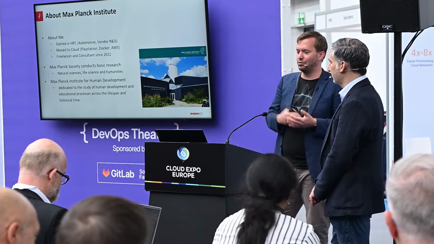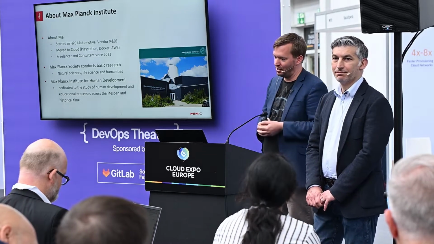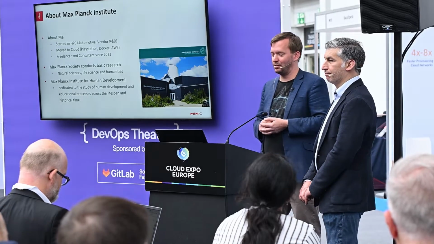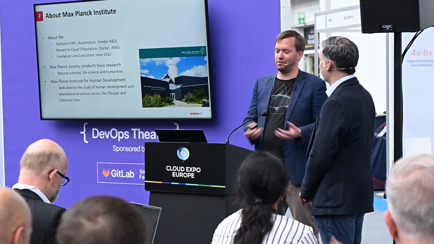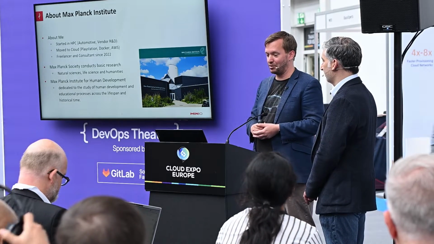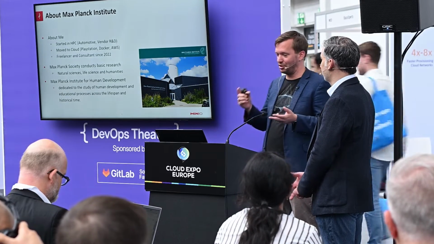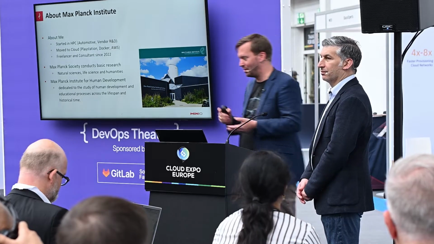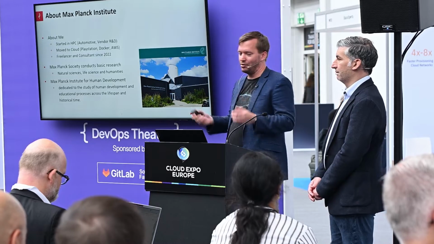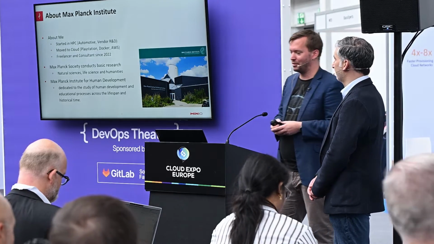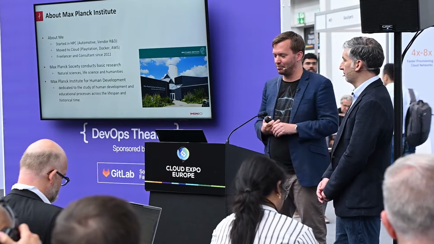It's dedicated to human development, education development, and human-machine interaction studies. And the fun part about it is that it has a lot of interdisciplinary research, disciplines like psychology, education, medicine, history, computer science, math. You can find a lot of different disciplines in the Max Planck Institute for Human Development.